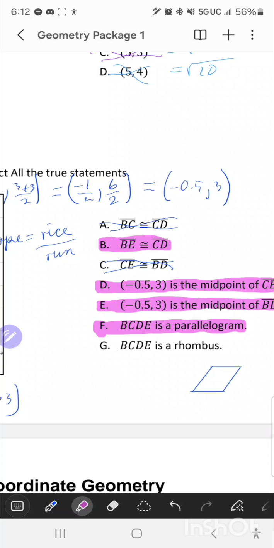Now, is BCDE a rhombus? To answer that question, a rhombus is when the sides... How can I explain it?